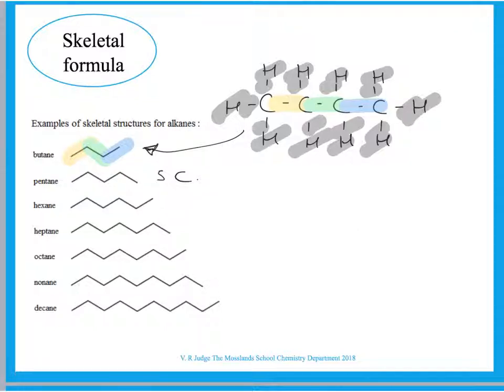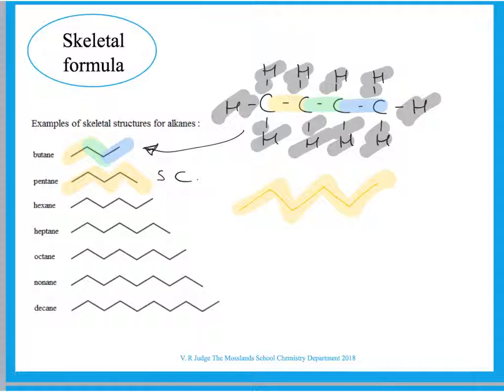If I ask you to draw a pentane with 5 carbons in it, people go, right, okay, 1, 2, 3, 4, 5. And you can see the difference between this one here and this one here. People tend to draw an extra line in because they're counting each line every time they've got a carbon atom.